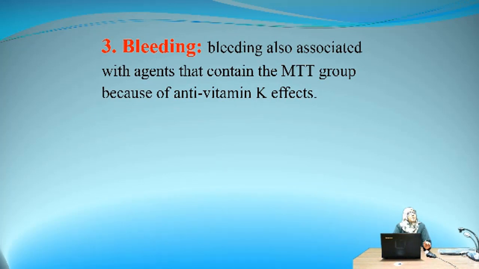Number 3, bleeding. Bleeding is also associated with agents that contain the MTT group, because this group acts as an anti-vitamin K. Vitamin K is an important vitamin which plays a role in the formation of many clotting factors.